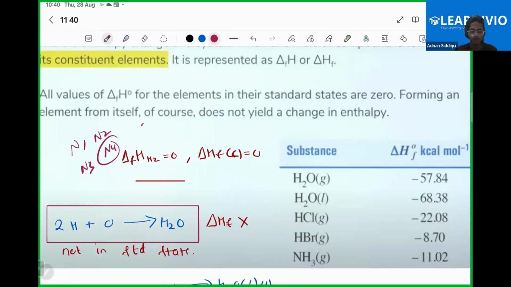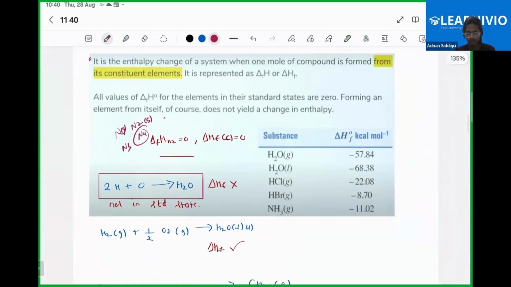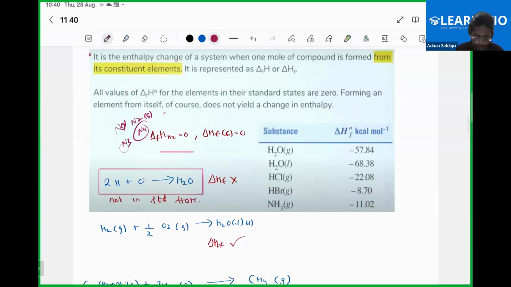Whether the shop owner is going to sell it in simple nitrogen state, N2, N3, or N4 state, in your atmosphere, in your environment, it is the N2 state. So it is its elemental state, and the delta H formation is going to be zero for this. Is it making sense? Okay.